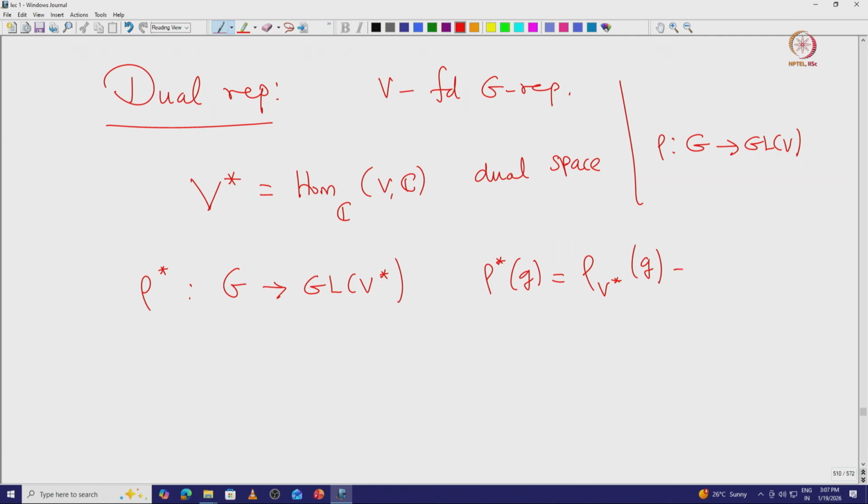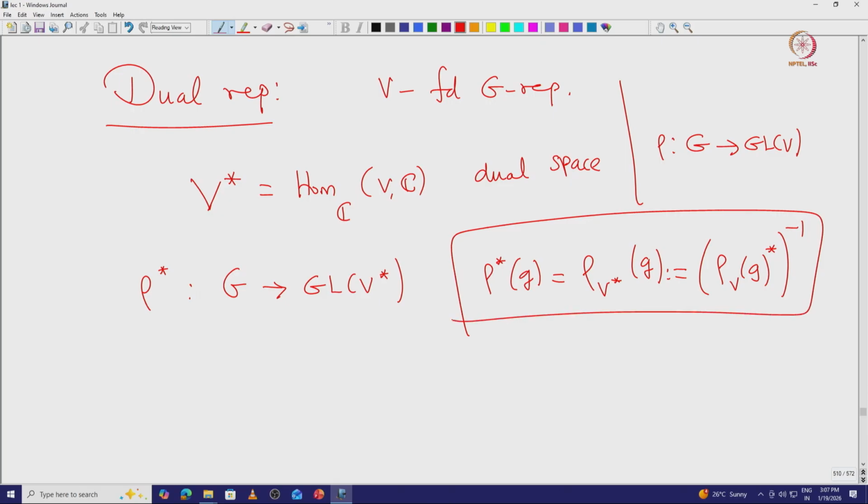Rho star of g, also written rho_V star of g, is defined to be: you take rho_V of g, then take the adjoint of that, and then take the inverse of that. It is not difficult to see that star and inverse commute.